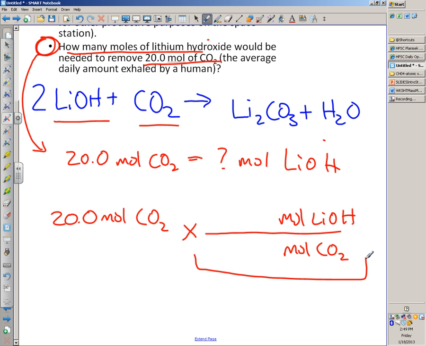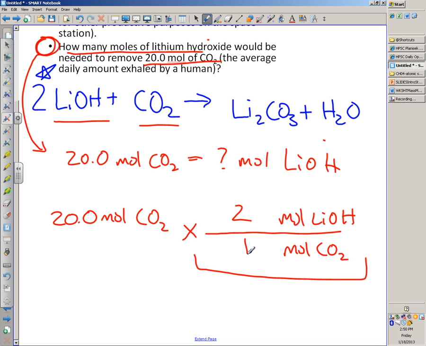The coefficients will show you the relationship between the different parts. So we go back up to our formula, right? What do we see in front of lithium hydroxide, coefficient-wise? 2. So 2 goes on the top of this conversion factor. What's the coefficient in front of CO2? 1. It's not written, but we understand that it's there.